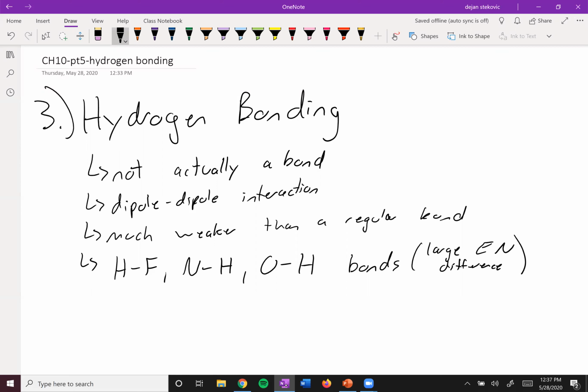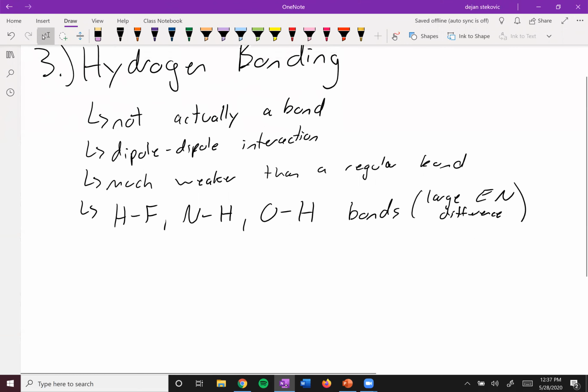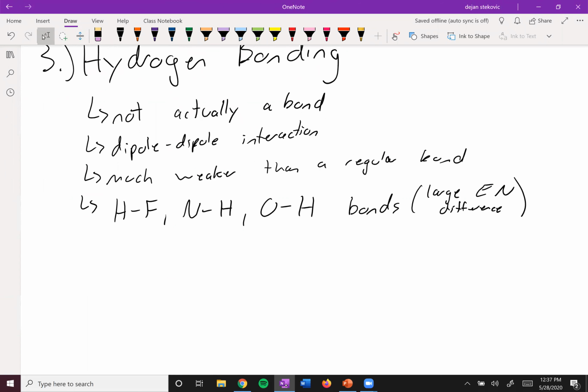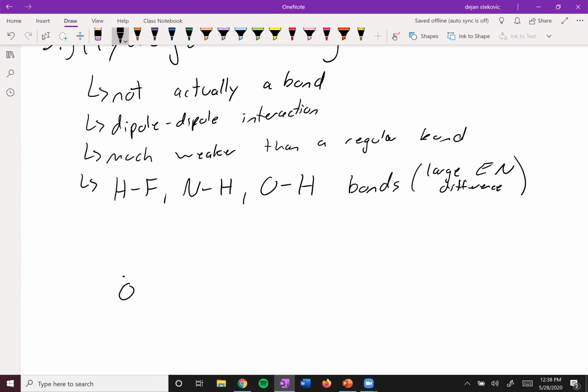The reason we pay attention to it so much is that we live in a world that's mostly water. We are mostly water, and water has an OH bond, so it participates in hydrogen bonding. So it's very important for life, and that's why it gets this special name. If we think about OH here, there's some water there, and another molecule of water, and there are dipoles here.